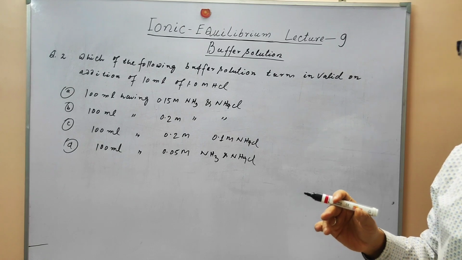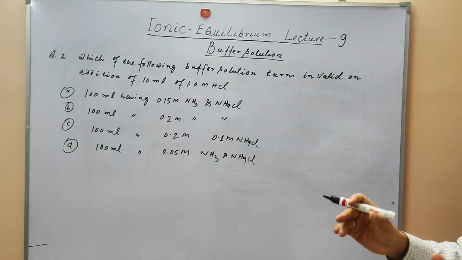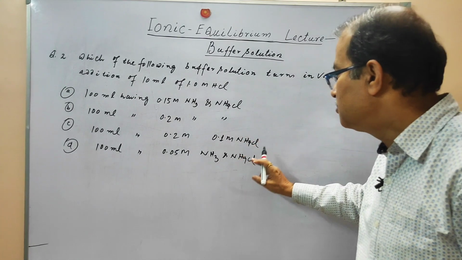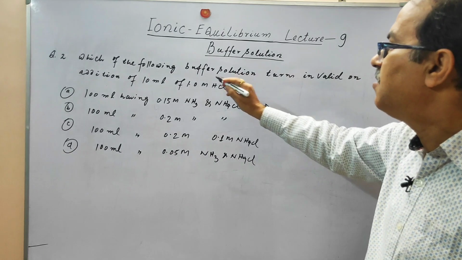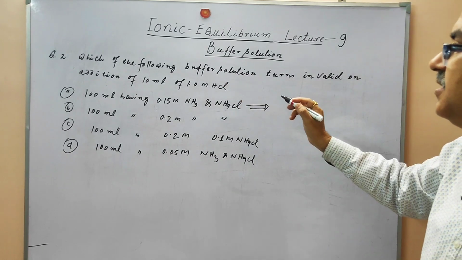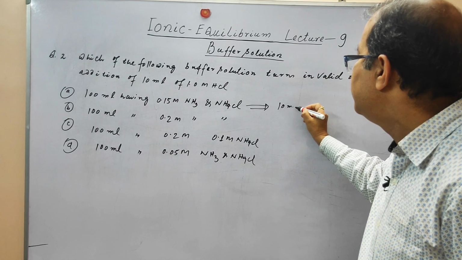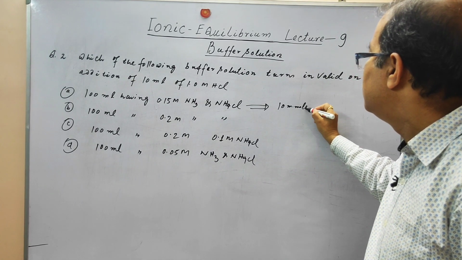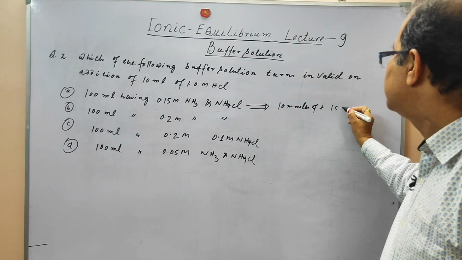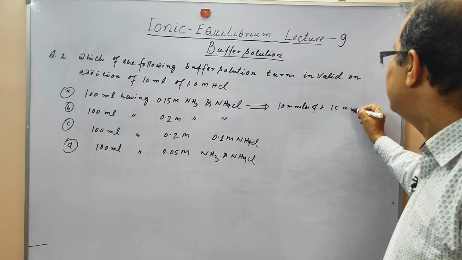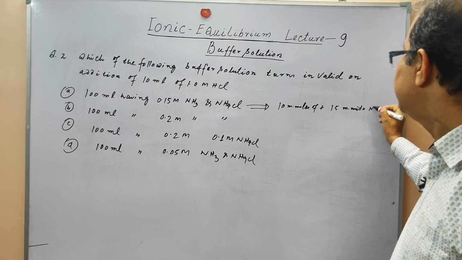For a buffer solution you have the base with its salt. So if you see the neutralization of this HCl, 10 milliliter HCl means 10 millimoles of HCl, and here it is given 15 millimoles of NH3.